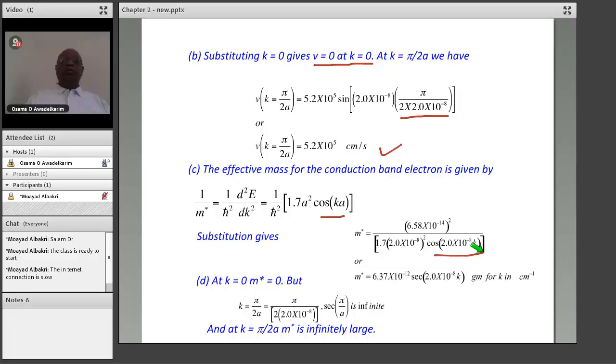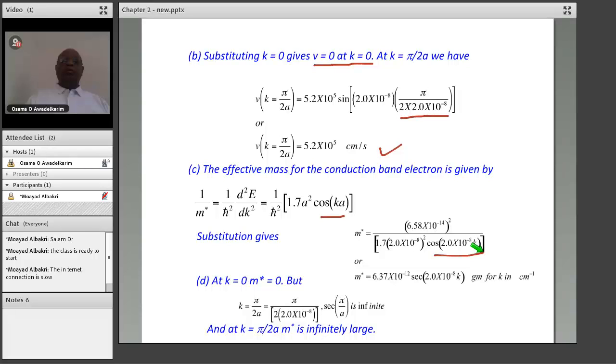So m star is equal to 6.37 sec this, right? So when we put k equals 0, sec of k equals 0 is actually 1.